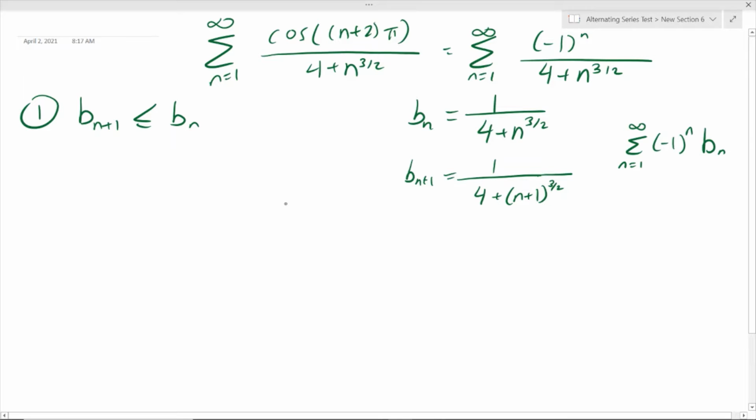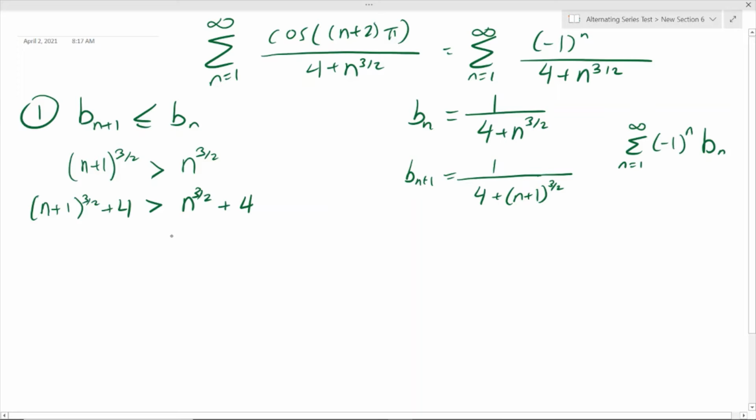Is it true? Well, we know that n plus 1 to the exponent of 3 over 2 is greater than n to the exponent of 3 over 2, because we're adding 1 here, so it's a greater base. And even when we add 4 to both sides, this is still true.